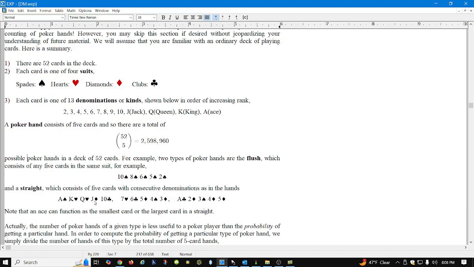So ace, king, queen, jack, 10, or you can read it the other way, 10, jack, queen, king, ace, 7, 6, 5, 4, 3, ace, 2, 3, 4, 5. So you'll notice here that an ace has the unique property that it can either be the high card in a straight or the low card in a straight. It's the only card with that property.